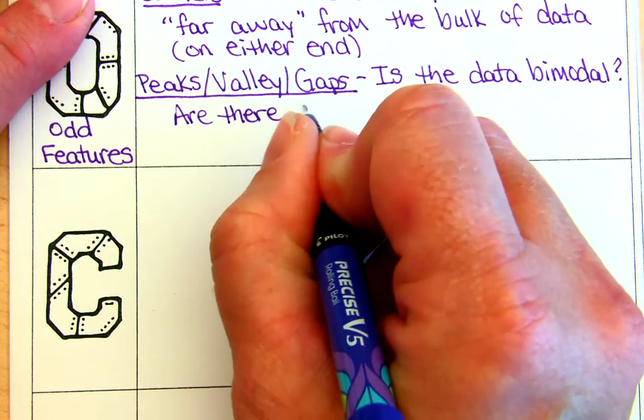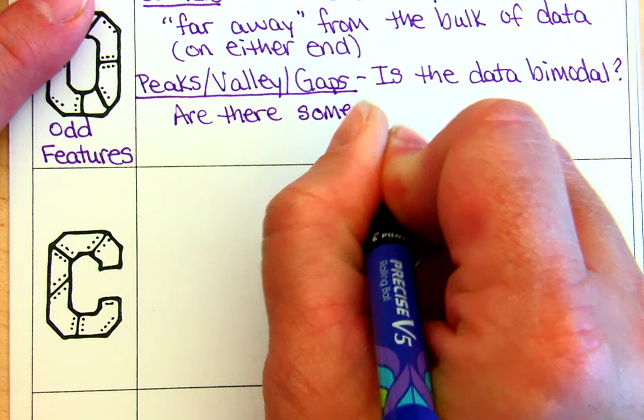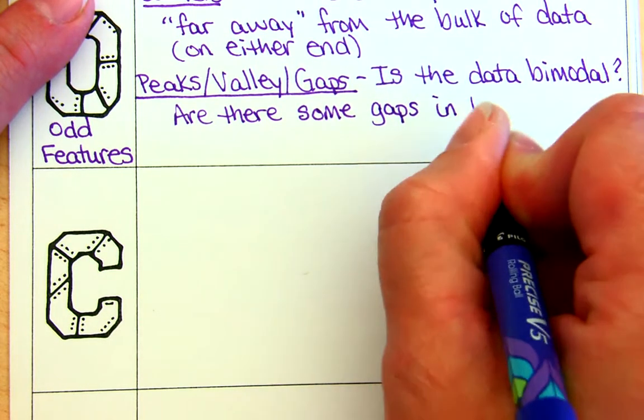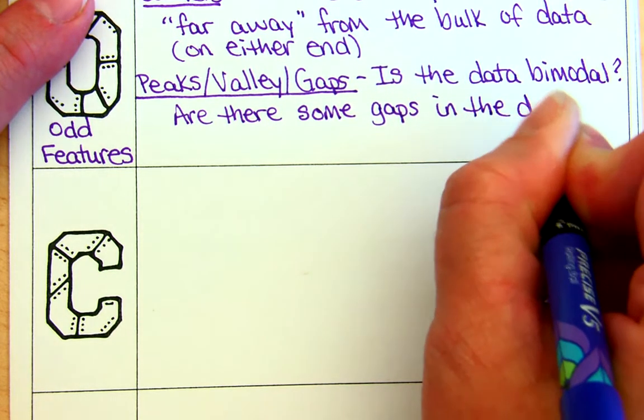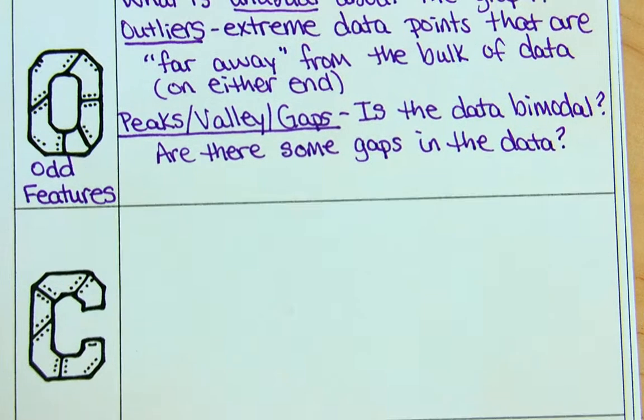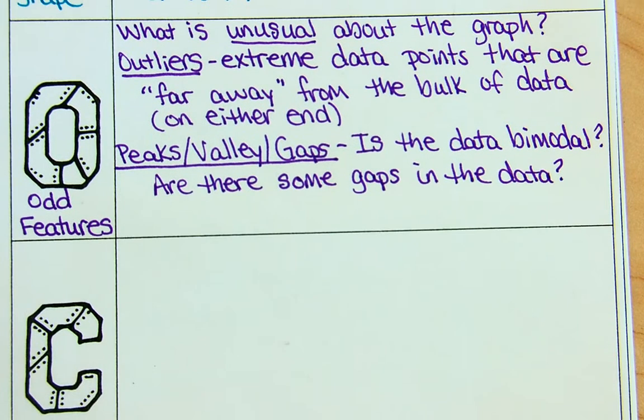Are there some gaps in the data? So, do we have some values where we don't have any data? Did we have test scores between 80 and 100, and then we didn't have any in the 70s, and now we have some in the 60s? Okay. Was there a skip in some values?